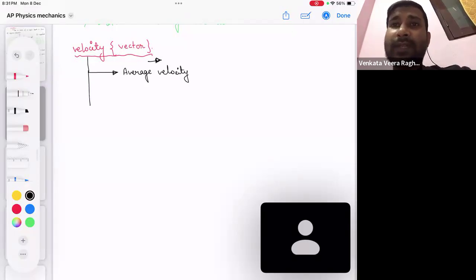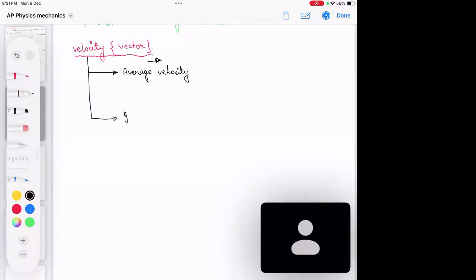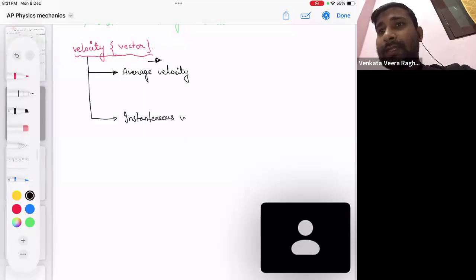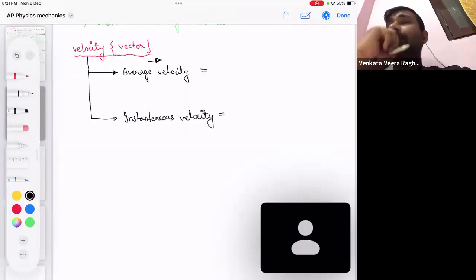And the second one is instantaneous velocity. What is the difference between average velocity and instantaneous velocity?